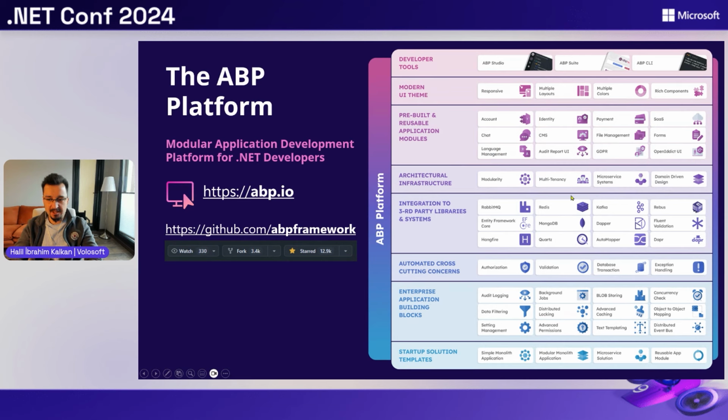It provides integration with common libraries, automates most of the cross-cutting concerns as I mentioned before, provides enterprise application building blocks, and even provides some tooling to visualize and automate modular development. So the purpose of this project is that it sits between plain ASP.NET Core and enterprise application development requirements. If you use this kind of framework or platform, you care less about the infrastructure and can focus more on your actual business value.